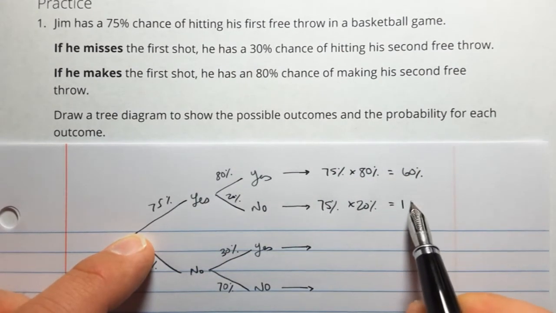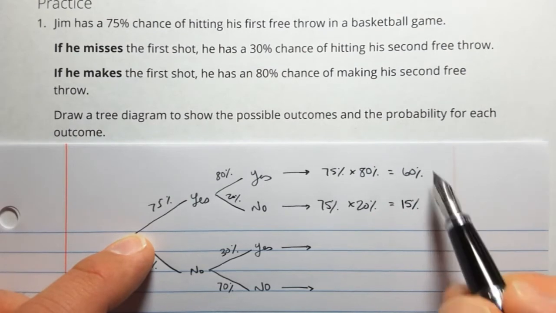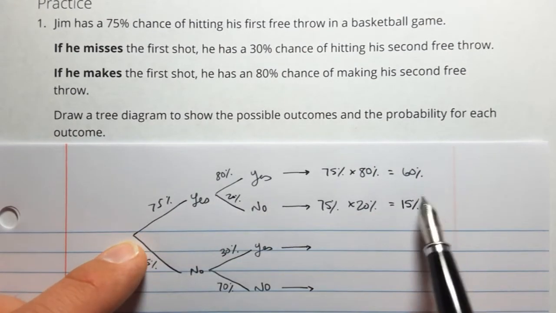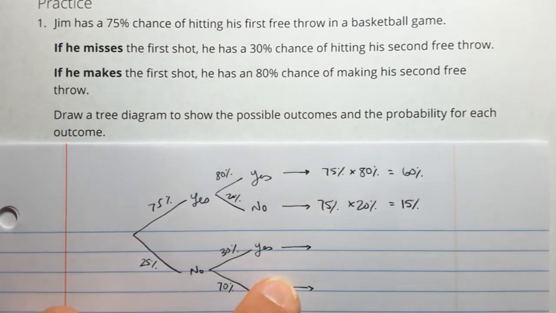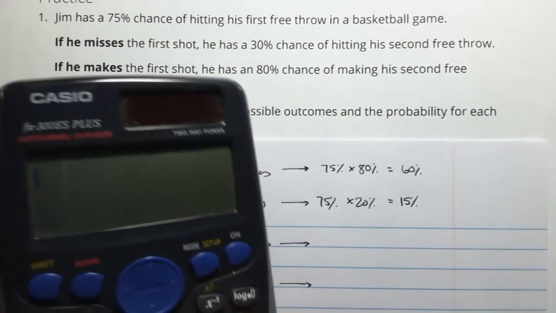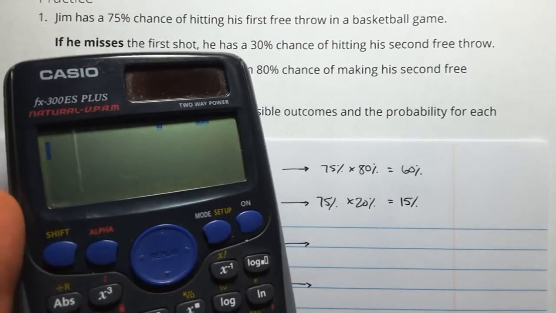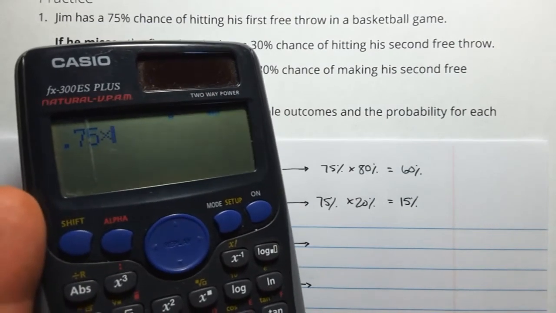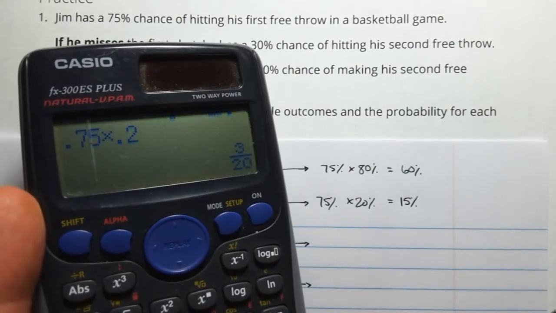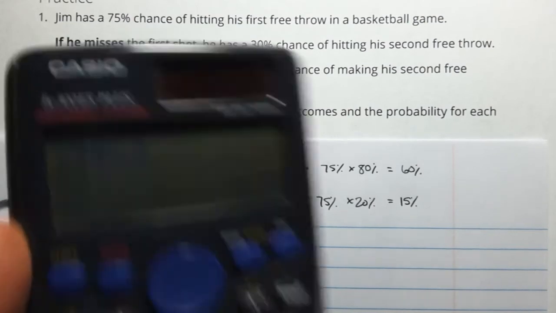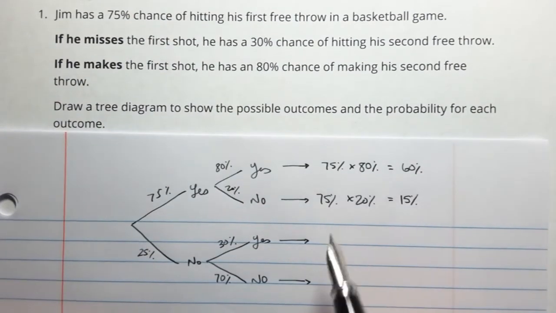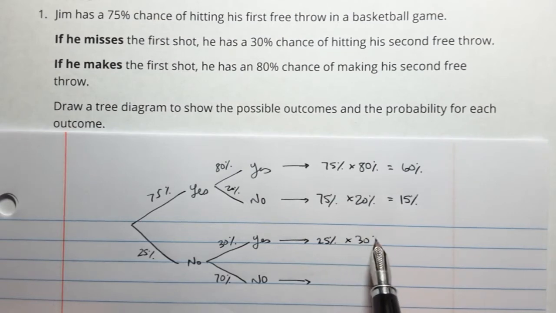This is going to work out to be 15%, so I get a total of 75 along this branch. The remaining 25 are going to be down here. But I can multiply and just double check. 75% times 20%, so 0.75 times 0.2, looks like 3 out of 20, or 0.15, 15%. Let's continue down here. This is 25% times 30.